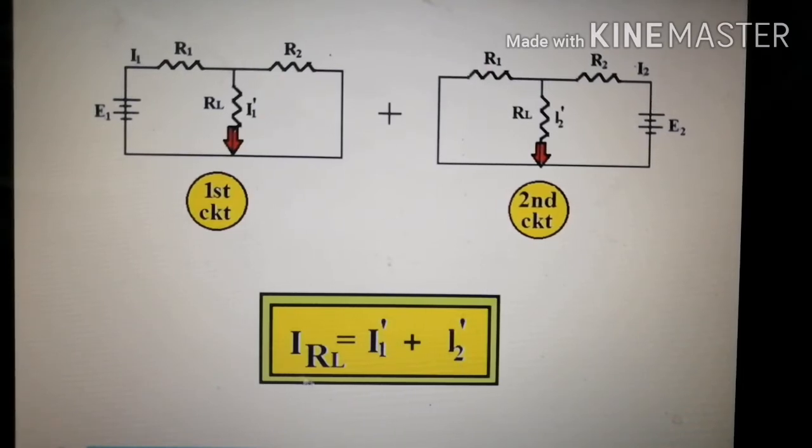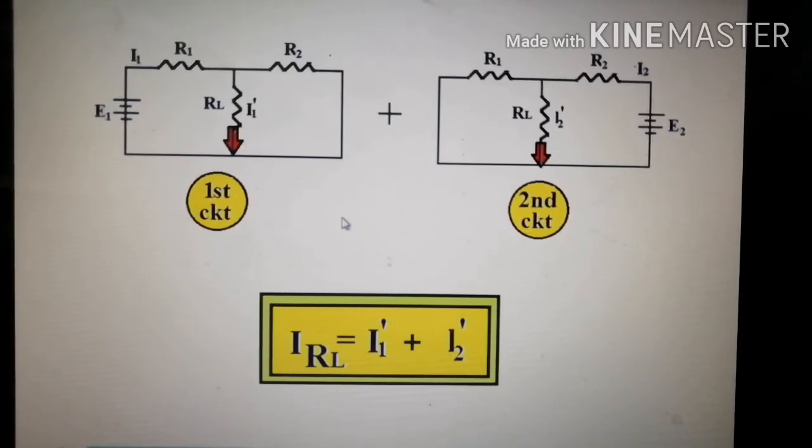This method is known as the superposition theorem. With its help, we can calculate the current in a desired element or branch. Here the branch is the one where RL is connected, so the current through RL is I1 dash plus I2 dash. Why is it plus? Because the directions of the currents I1 dash and I2 dash are the same.